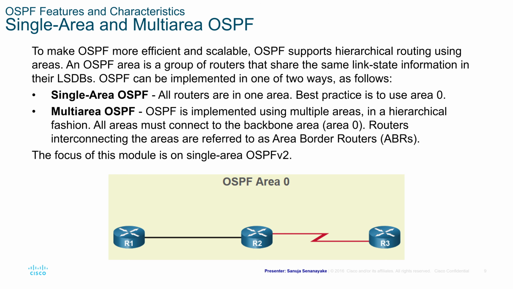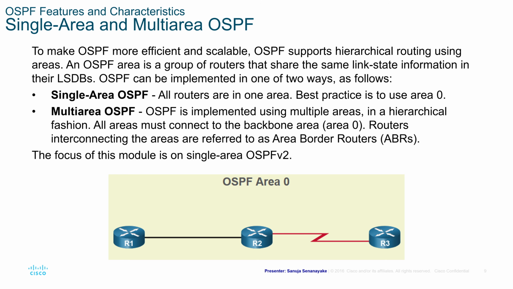OSPF can be implemented in one of two ways. That includes single area OSPF, where all routers are in one area, which comes with the best practice of using area 0, or multi-area OSPF, where OSPF is implemented using multiple areas in a hierarchical fashion.